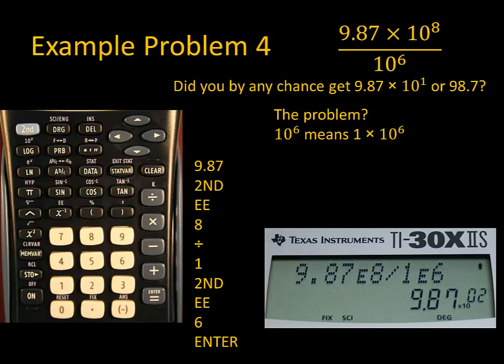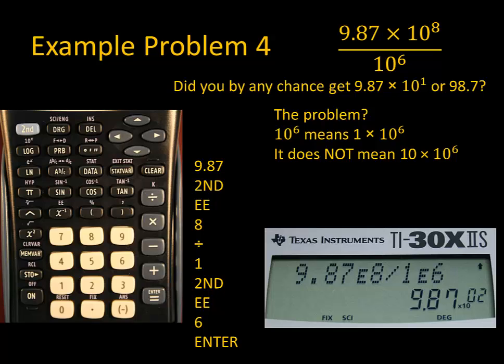Multiplying a number by 1 doesn't change it. Well, 1 times 10 to the 6th is the way we usually write things in scientific notation. However, when you look at that 10 to the 6th all by itself in the denominator, it's very tempting to think 10 EE 6, and that's what happens. But that 10 to the 6th does not mean 10 times 10 to the 6th.